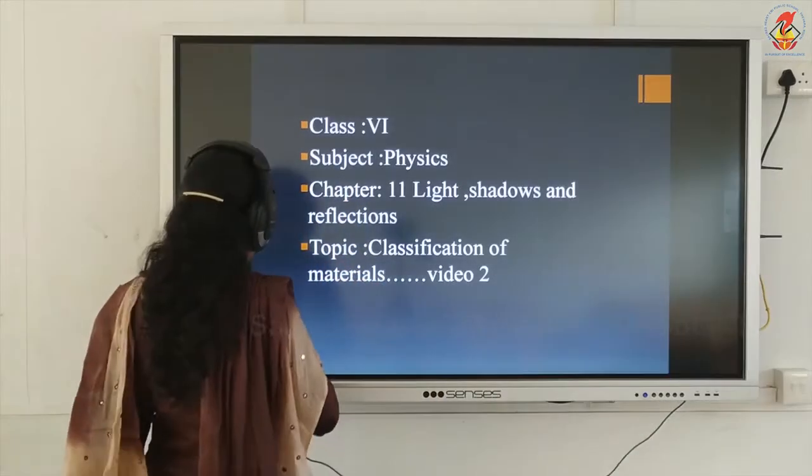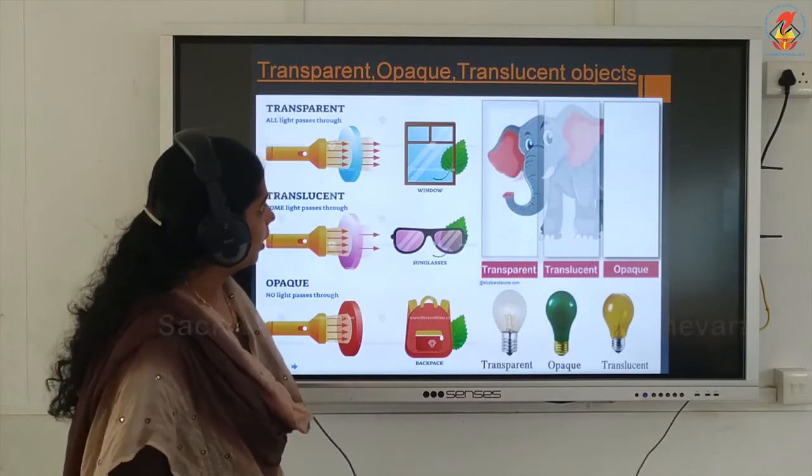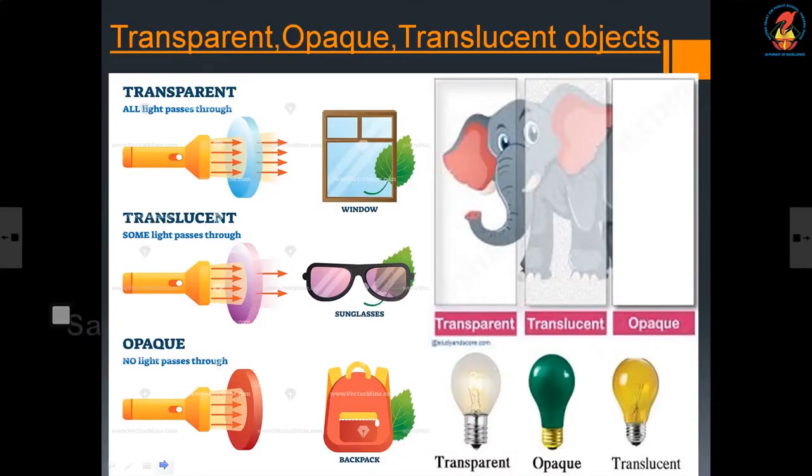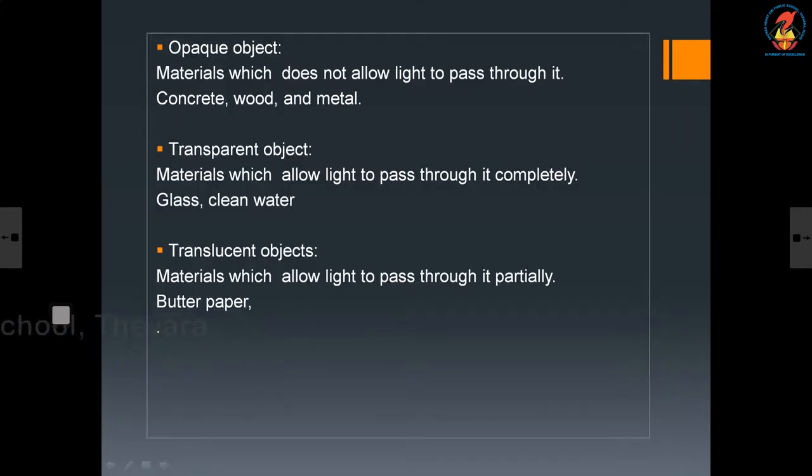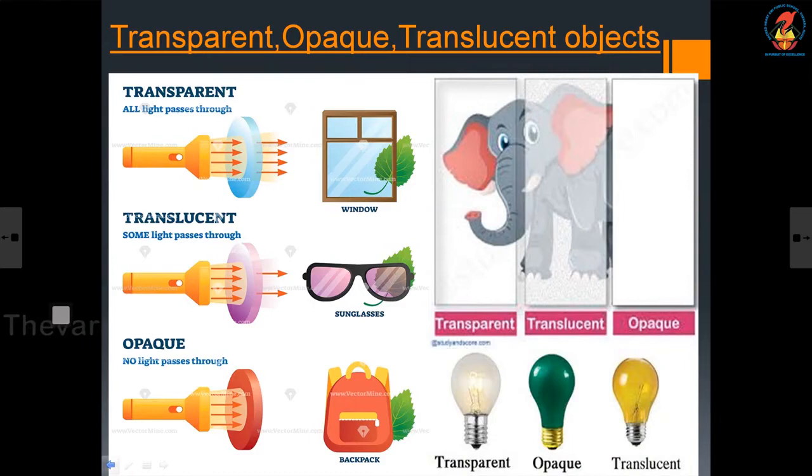Now, I will show you. Here you can see an elephant. Can you see the full portion of this elephant through this one? No. So it is an opaque one. Here you can see the elephant but not clearly.